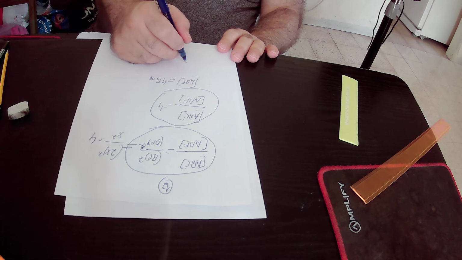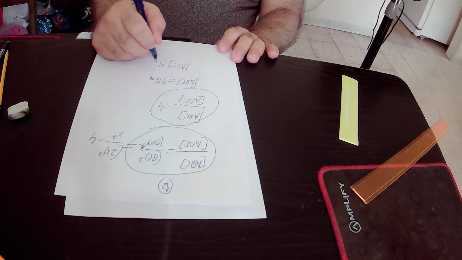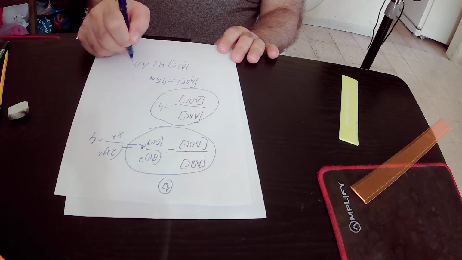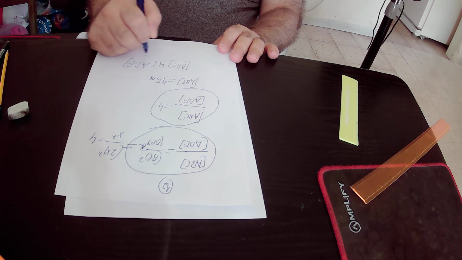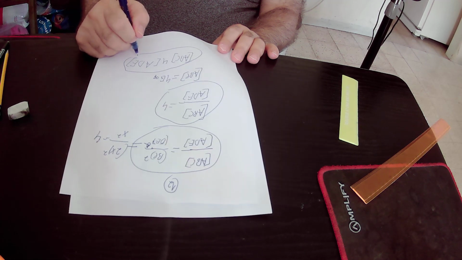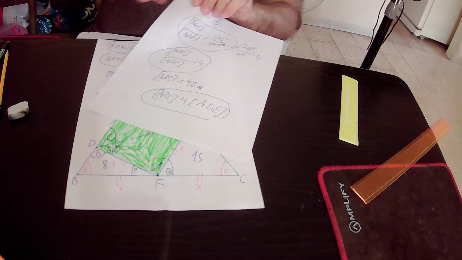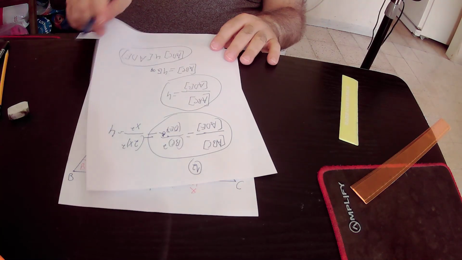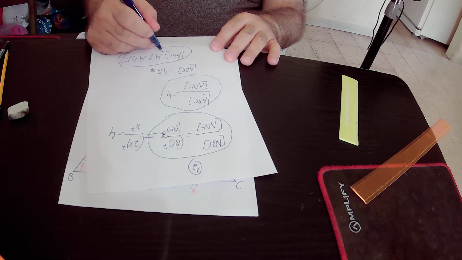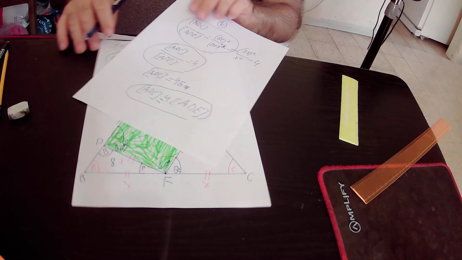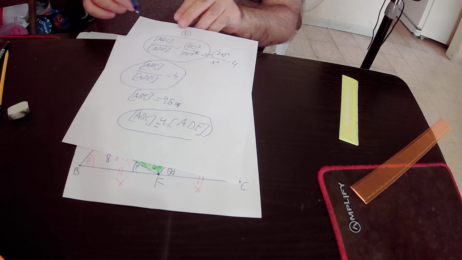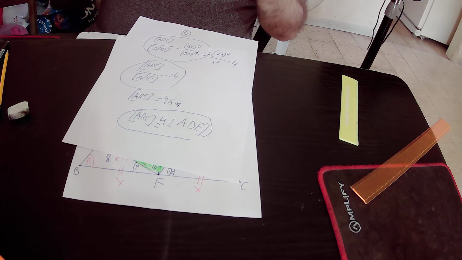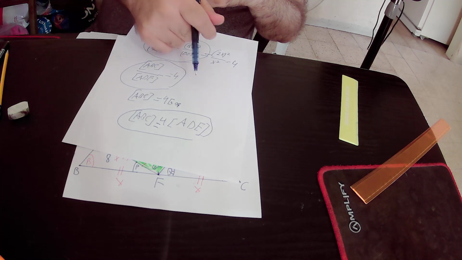Again, the area of triangle ABC equals 4 times the area of triangle ADE. Okay, the area of triangle ABC equals 4 times the area of triangle ADE, or the area of triangle ABC is 4 times bigger than the area of triangle ADE.